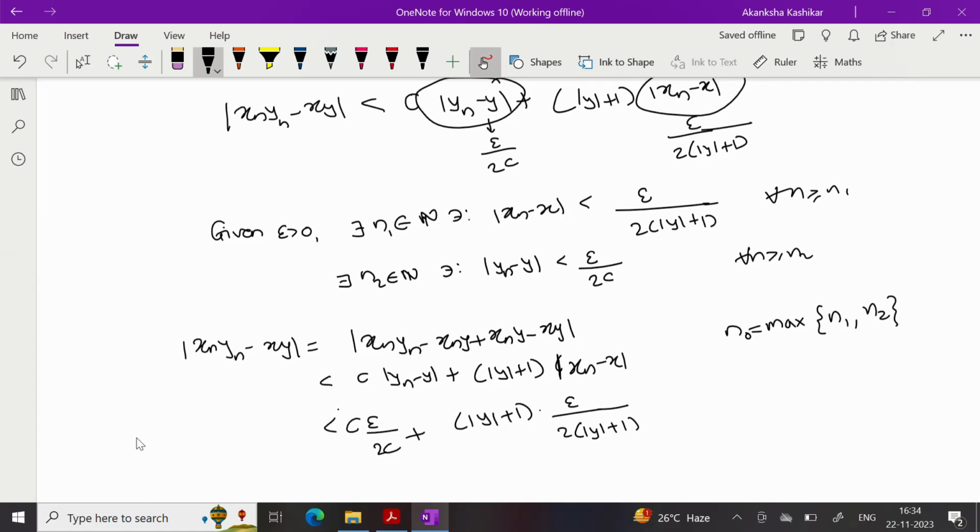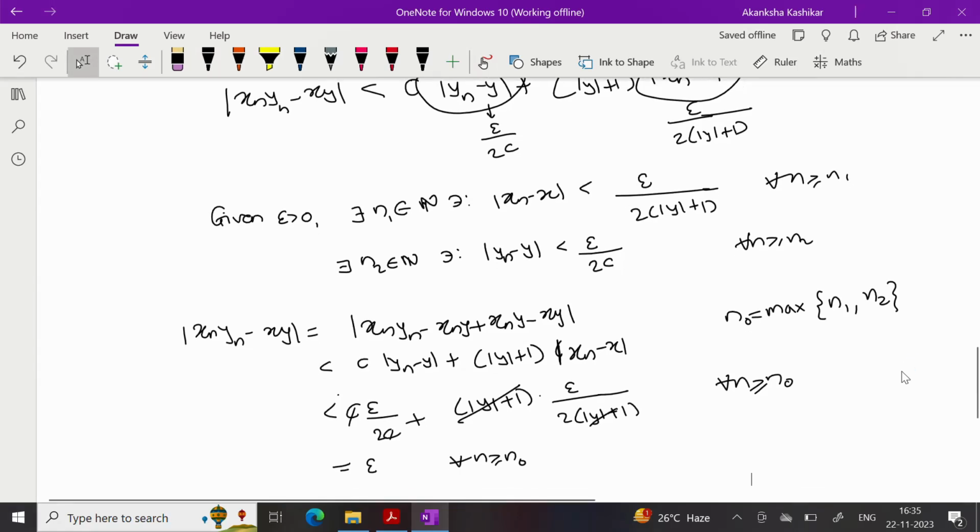Okay. So this gives me epsilon by 2 plus epsilon by 2, that is epsilon. Hence we have proved that for every n greater than or equal to n naught, mod xn yn minus xy is less than epsilon. Okay. Hence we have proved that xn yn converges to xy.